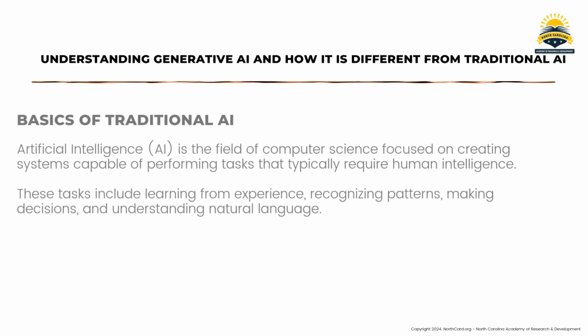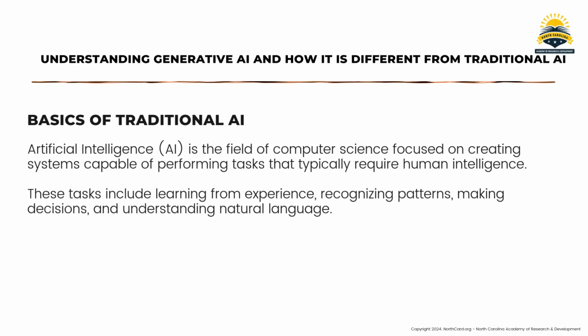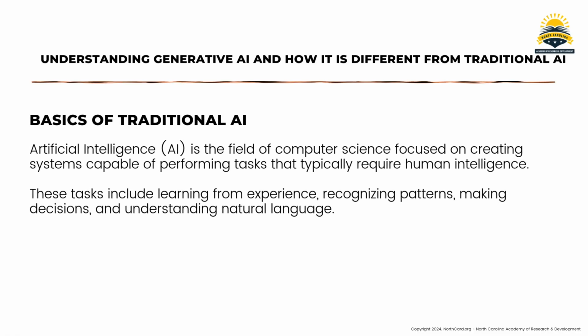While generative AI represents an exciting leap forward, it's important to understand the foundation provided by traditional AI. Artificial intelligence, AI, is a branch of computer science that aims to create systems capable of performing tasks that typically require human intelligence.